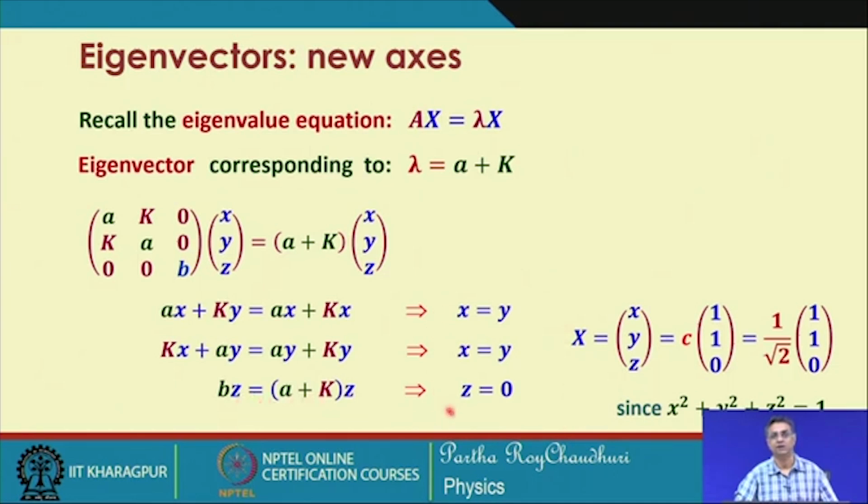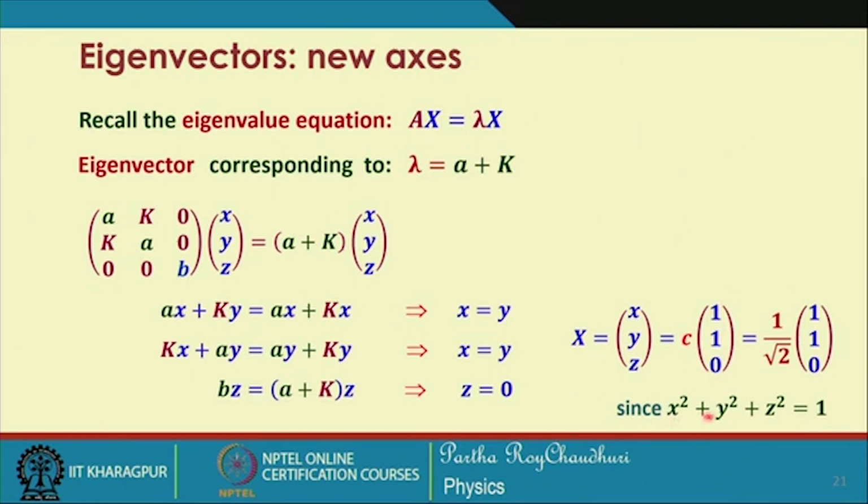Therefore, you get the eigenvector (x, y, z), and because x equal to y, putting x equal to y equal to c, we can write c times (1, 1, 0).